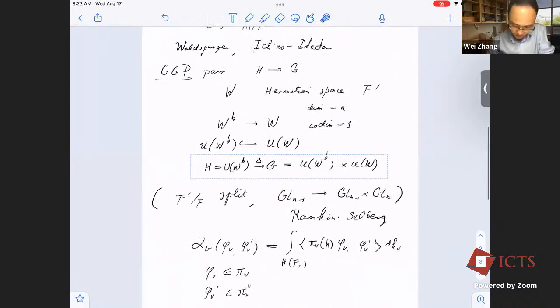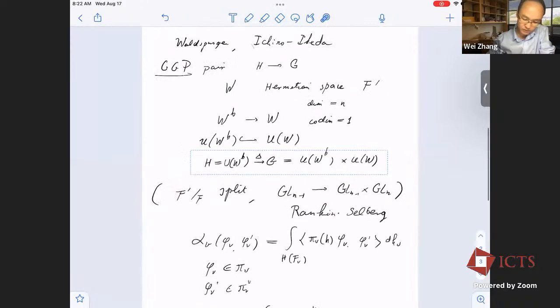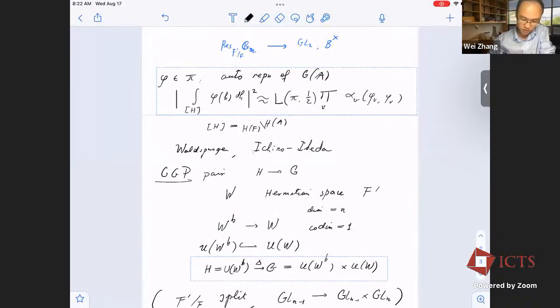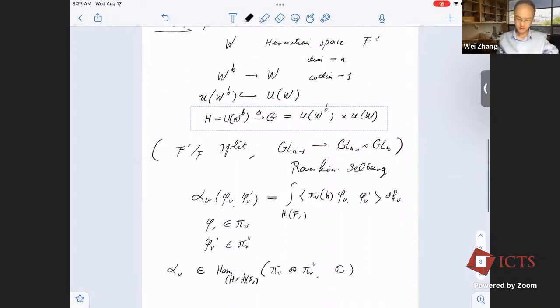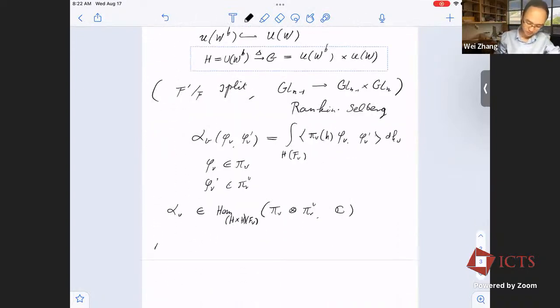That's what happened. This identity is actually proved in the case of a unitary group. So it's known in the unitary case, it's known for unitary groups.